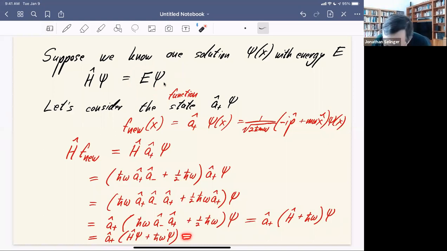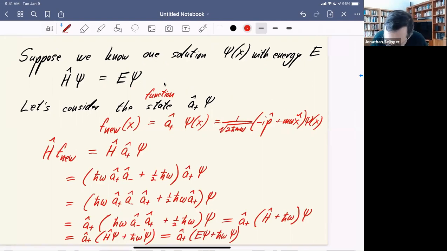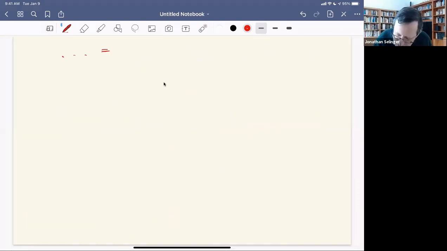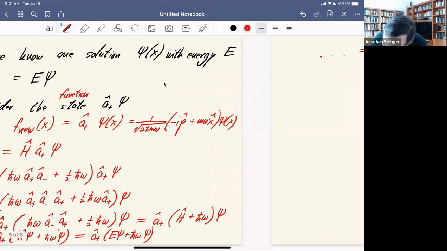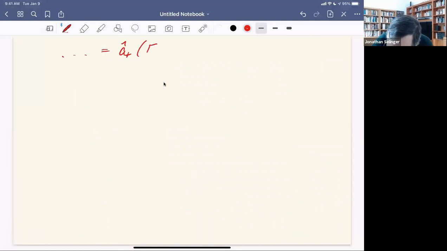So this is A plus acting on E psi plus h bar omega psi, which is A plus acting on E plus h bar omega times psi, because E is a number and h bar omega is another number.